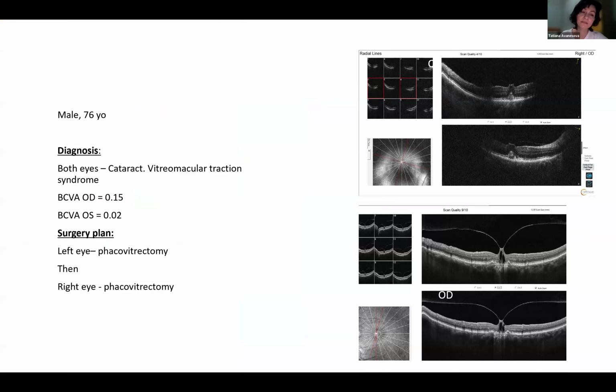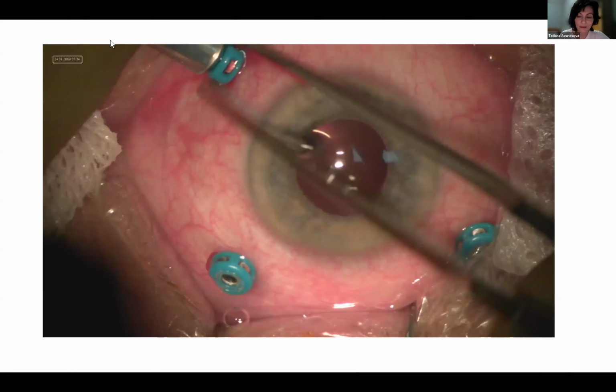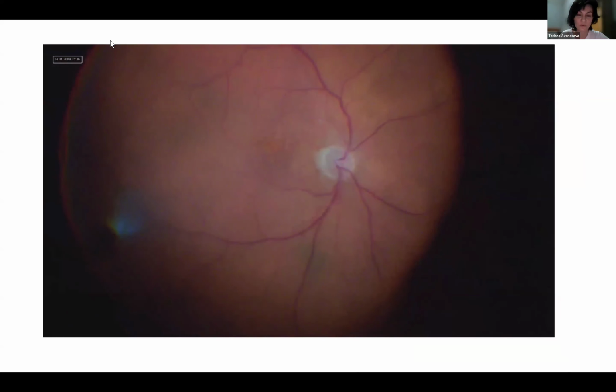The patient, a 76-year-old male, came to us with cataract and vitreomacular traction of both eyes. I decided to start with the worse eye, the right, and then continue with the left eye. Or no, first was the left one. Everything goes as usual.